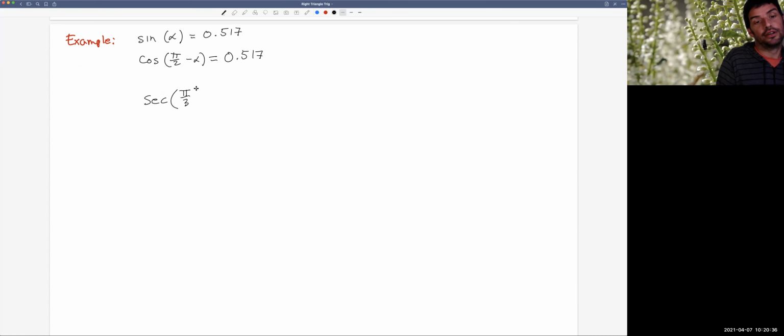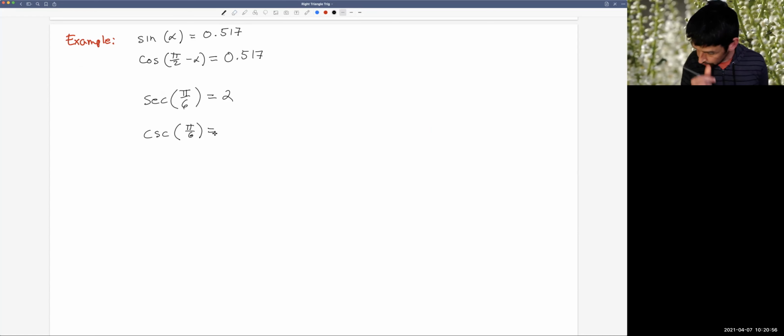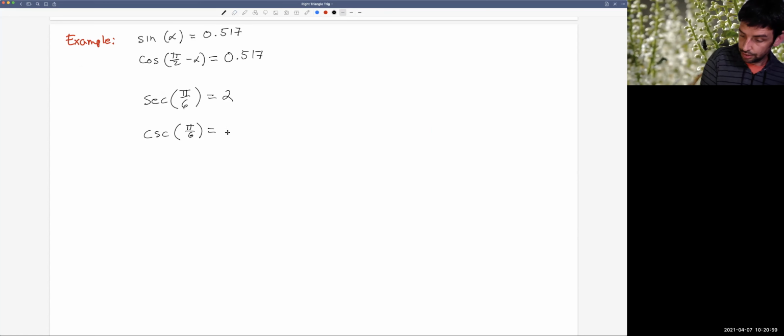Or if we know, for instance, that the secant of pi over 6, just to make the numbers easier, has a value of 2, then we know that the cosecant of pi over 3, which is equal to the cosecant of pi over 2 minus pi over 6.